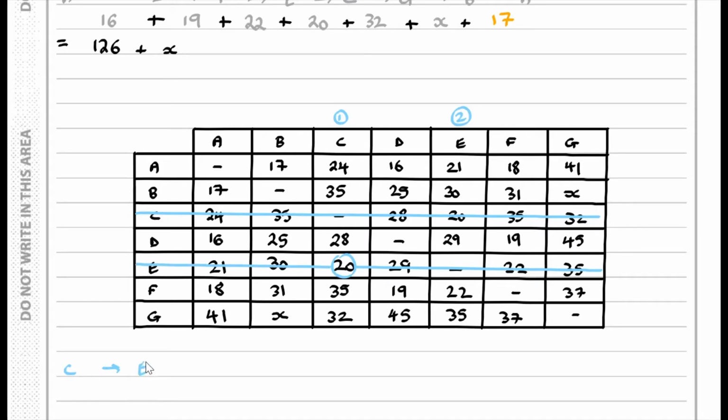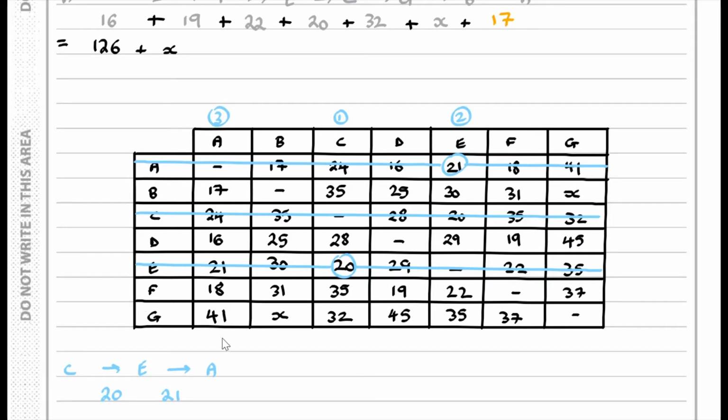So we have CE, that's 20. We look down E, the smallest one over here, that corresponds to this 21, of course that's A. So we have 21, and then we label A with a number 3.